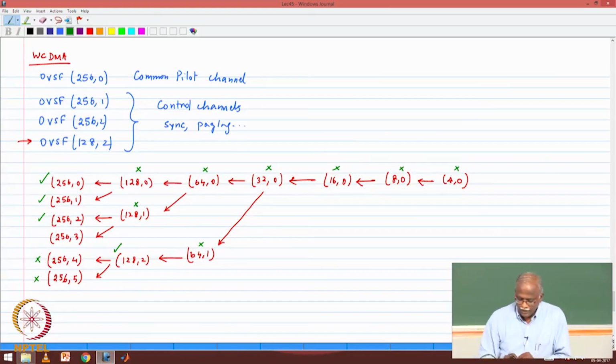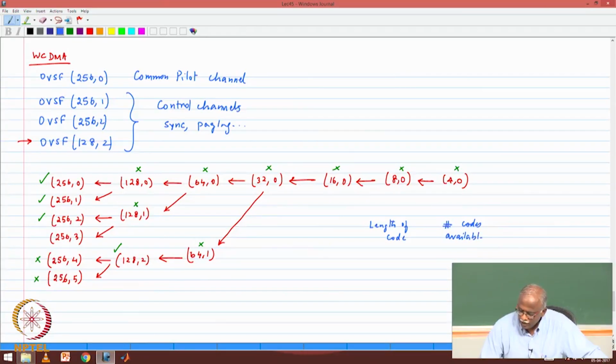Okay? So, this is the wideband CDMA code allocation scheme. Now comes the application of this. This is the length of the code, and this is the number of codes available.